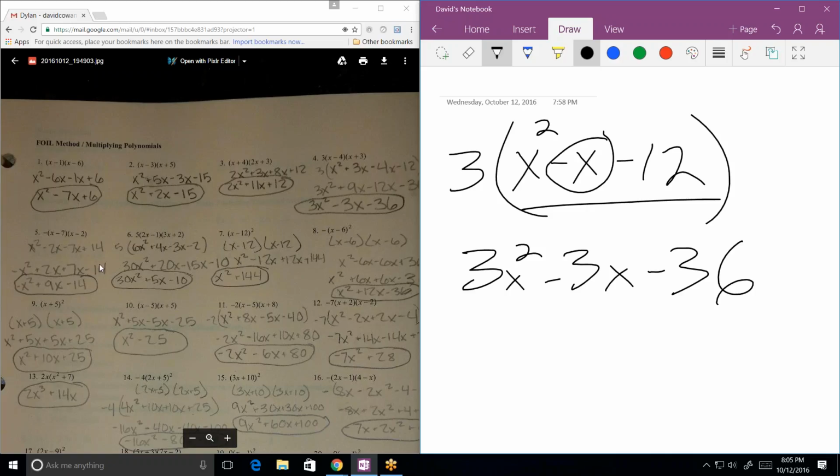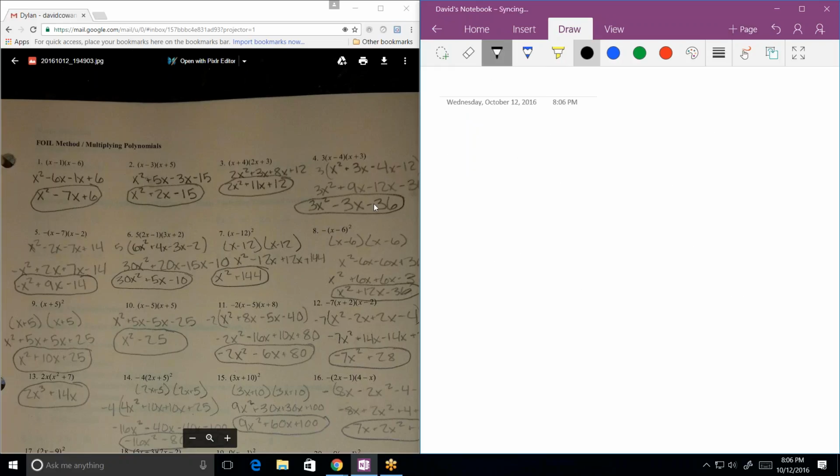All right, let's look at number 5. A similar thing. What I would like to see you do on number 5 is solve this binomial times this binomial, simplify it, come up with your answer, and then put the negative sign in front of everything. It just makes it easier. I can't even tell if you have the right answer because I can't force myself to do it that way.